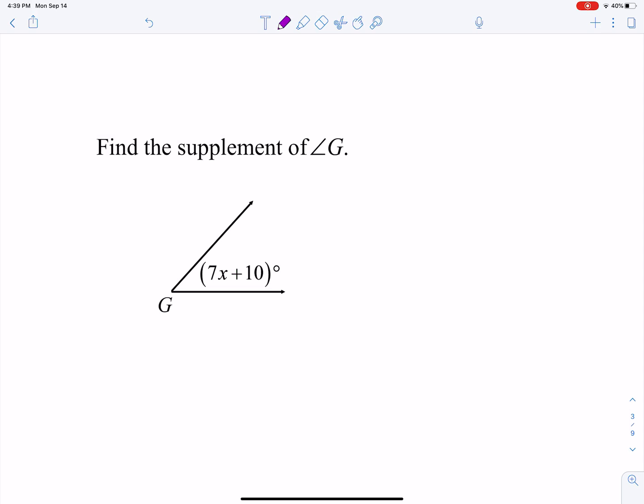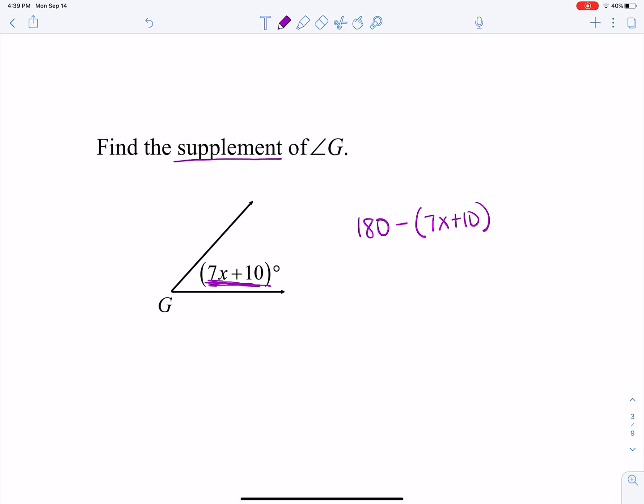So when we find the supplement of angle G, I'm going to take 180 and subtract whatever that expression is. So when we're given an expression, an unknown of an angle, the answer is always going to be an unknown with these types of questions.